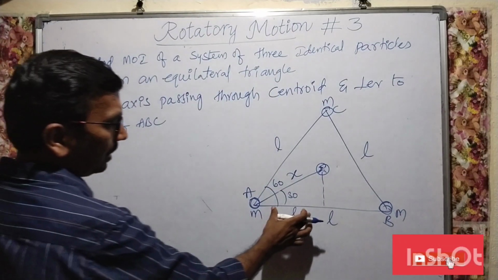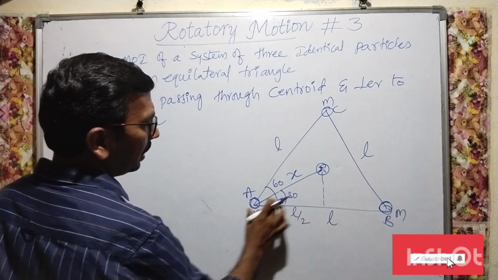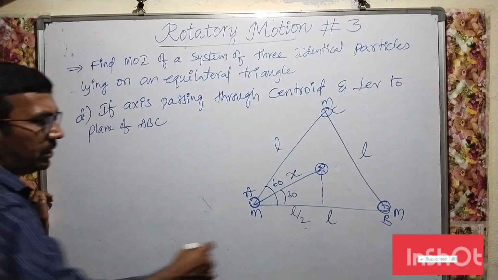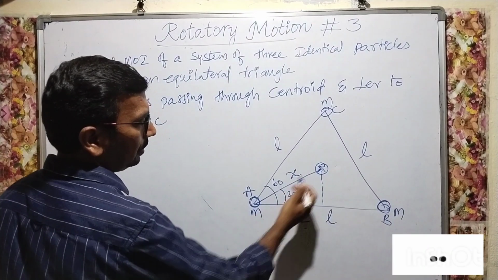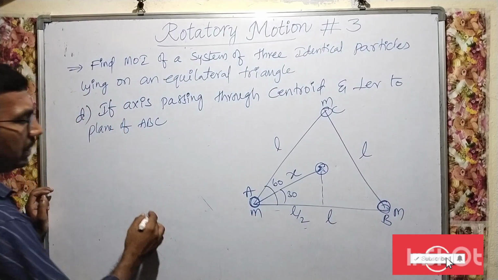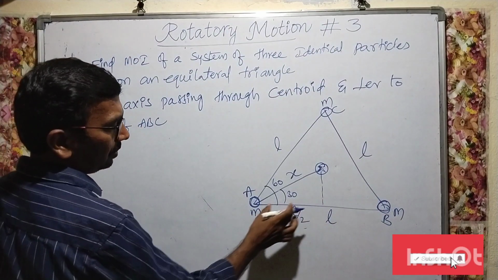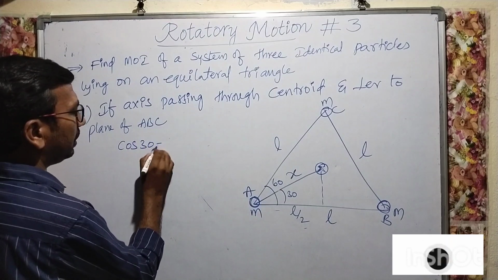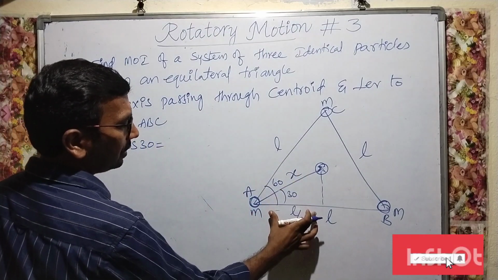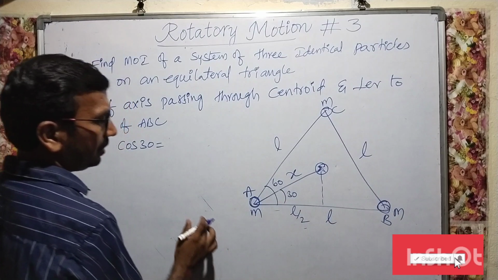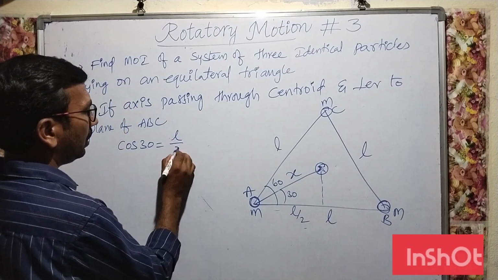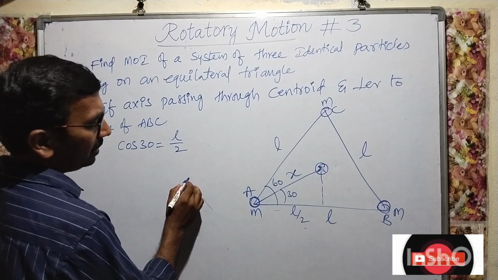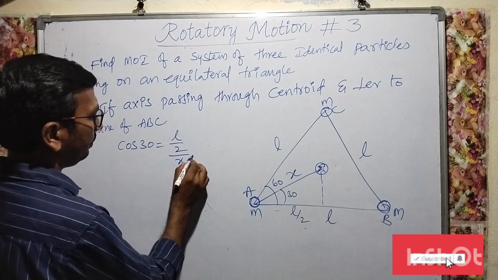So L by 2 makes an angle of 30 here, and a triangle is formed. In this triangle, cos 30 is equal to adjacent by hypotenuse. Here the adjacent is L by 2 and the hypotenuse is x.